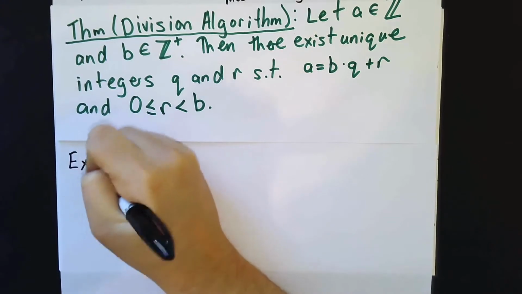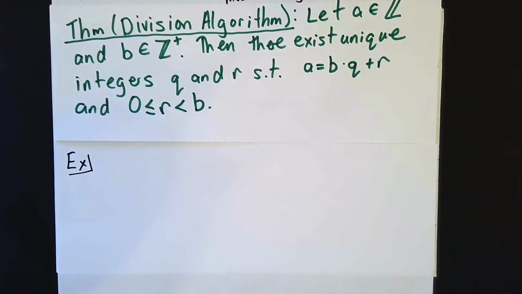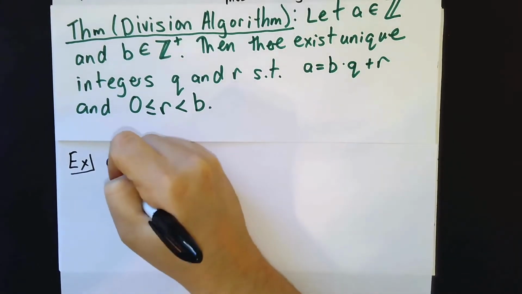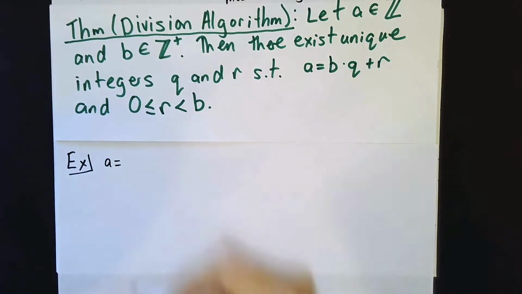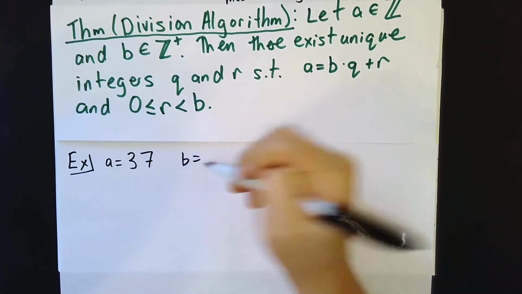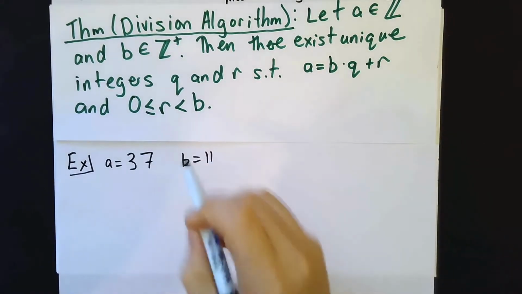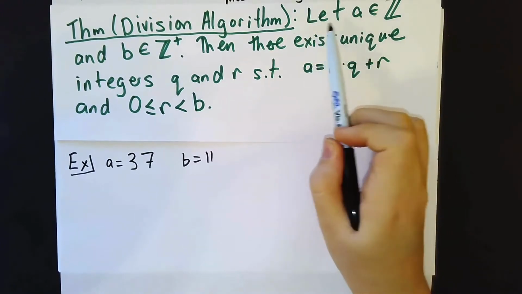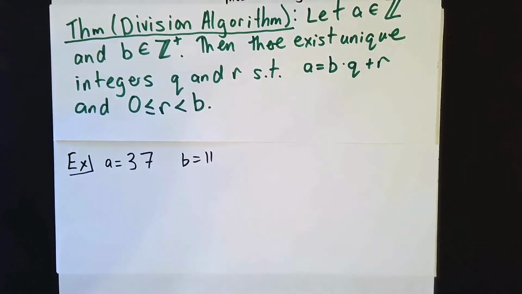I would normally solicit here for you to shout out examples of numbers that you could pick, but I guess I will just have to pick my own numbers. I will pick a to be 37 and b to be 11. So here when I'm starting this theorem, it just says let a be an integer and b be a positive integer. So there's an integer, there's a positive integer.